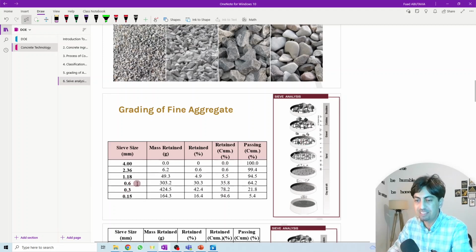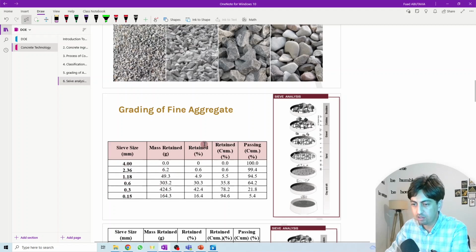The same goes for the 0.6 sieve and the 0.3 millimeter sieve. This represents how much is retained on each sieve. We also need a balance in the lab in order to weigh how much is retained on each sieve. So this is the mass retained on each sieve.